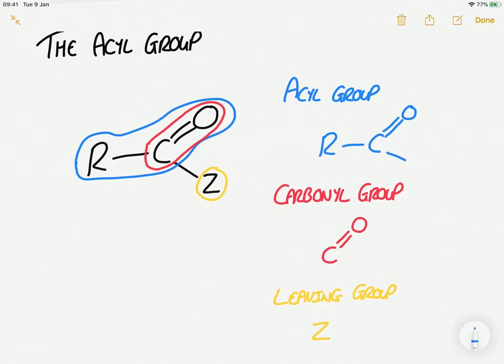In the process, Z, whatever that is, is going to leave. That's why we call it a leaving group. It's going to get kicked out of the original molecule. This will all make more sense later on when you're looking at actual examples. For now, it's something you should pause the video and copy into your notes.